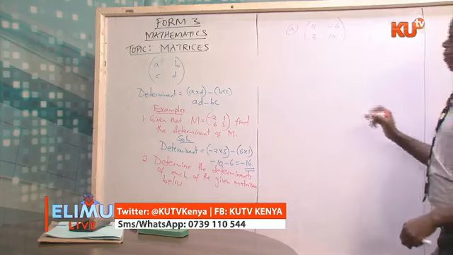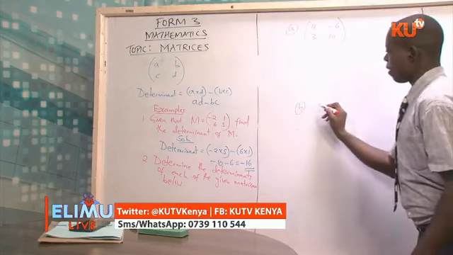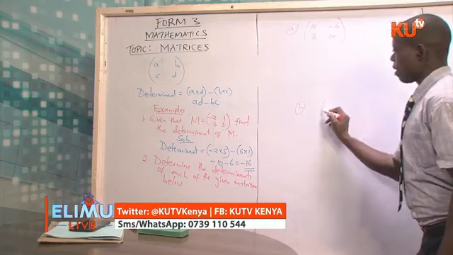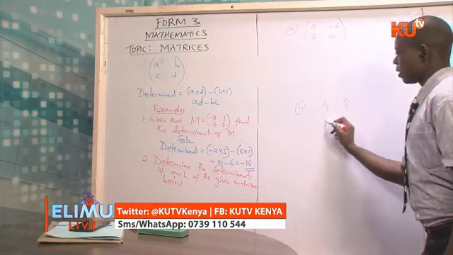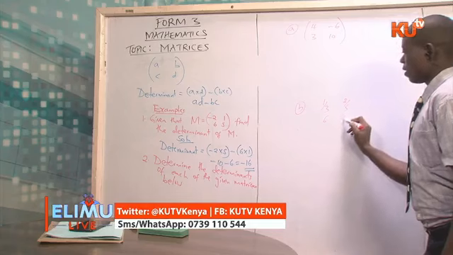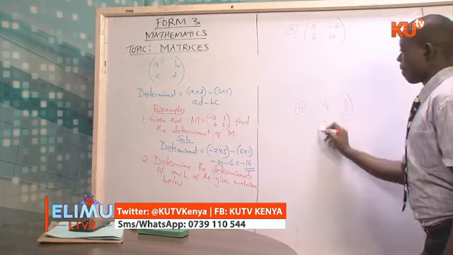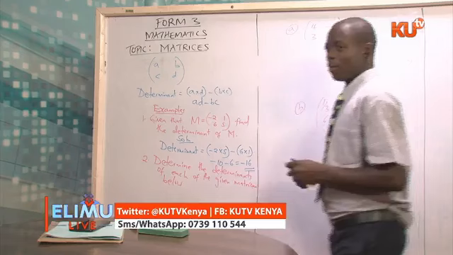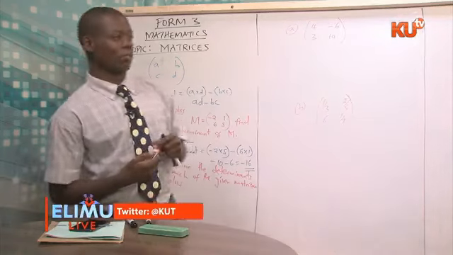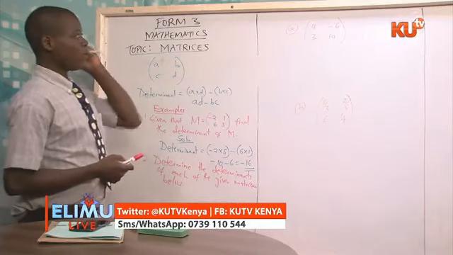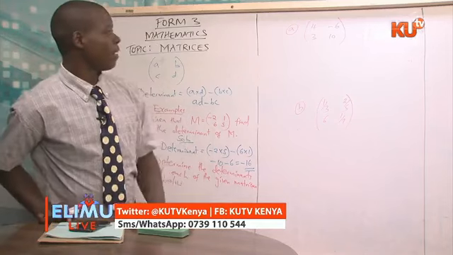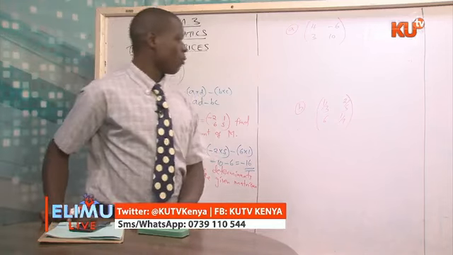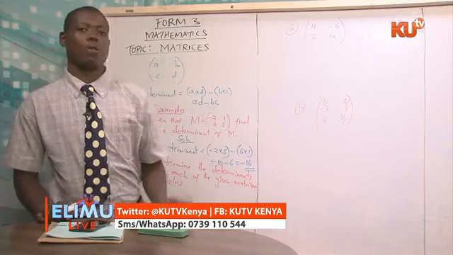And the second one has 1 over 3, 2 over 5, 6, 1 over 7. Those are the matrices that we have.